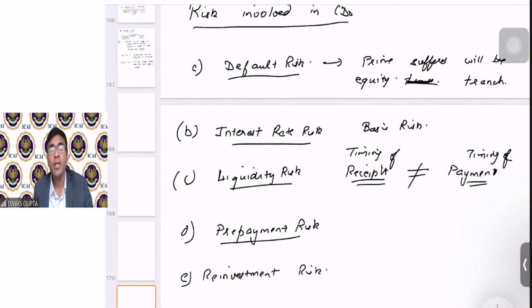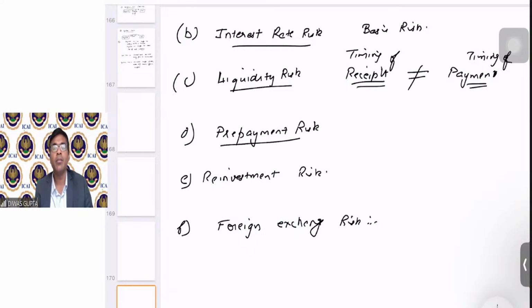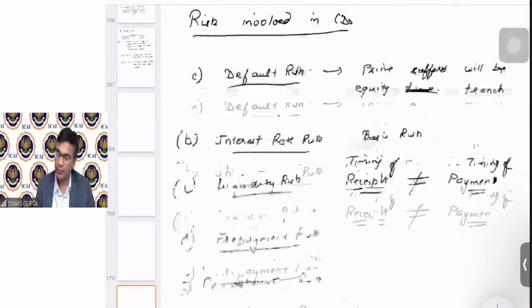In case the surplus amount has to be reinvested, there will not be adequate opportunity to invest your amounts beyond what is there in your existing CDOs. And lastly, there is a foreign exchange risk also. Students, foreign exchange risk will come where there are cross-border CDOs.